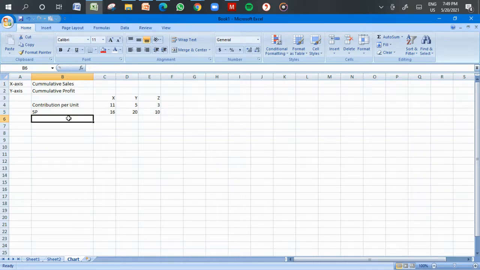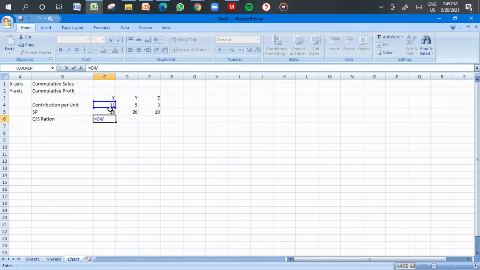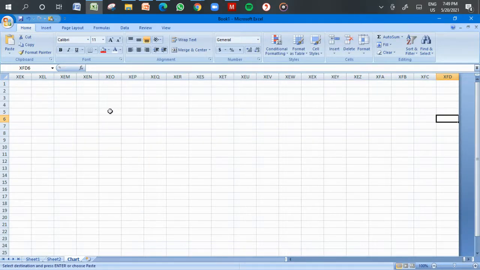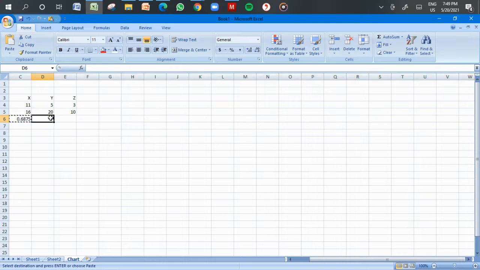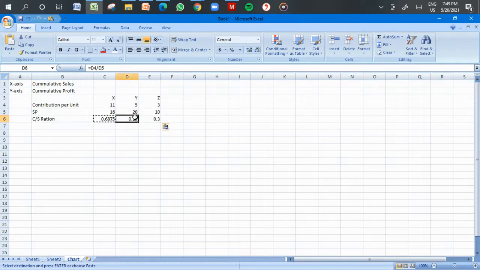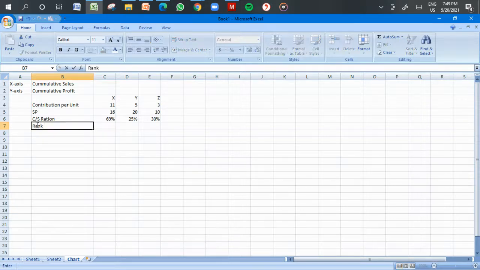So that means for the contribution to sales ratio for each product, we are going to say the contribution, which is 11, divided by the selling price, which is this one. Then we drag the formula like this. Then let's express this as percentages. After calculating this, you have to determine a rank order.